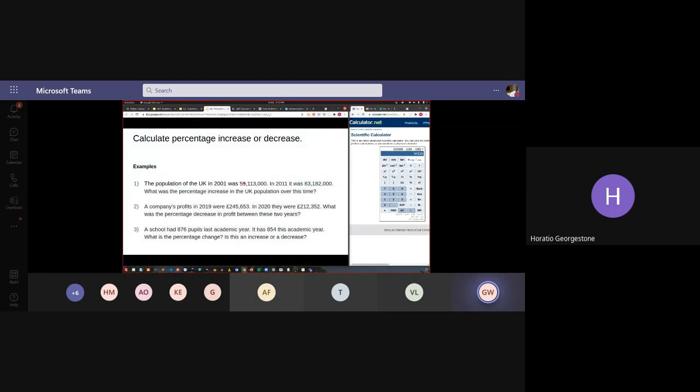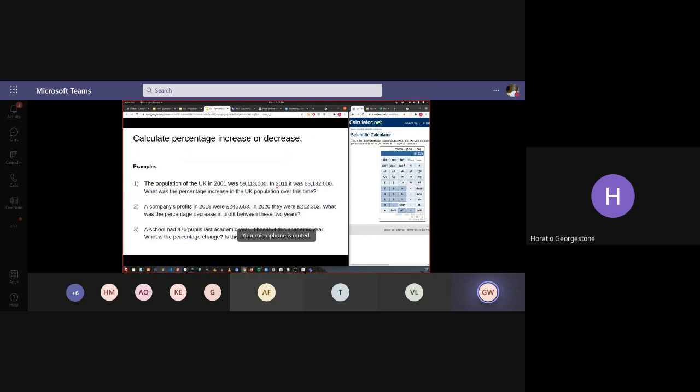Okay, sorry for the weird highlighting here. So the population of the UK in 2001 was 59,113,000. In 2011, it was 63,162,000. What was the percentage increase in UK population over this time?